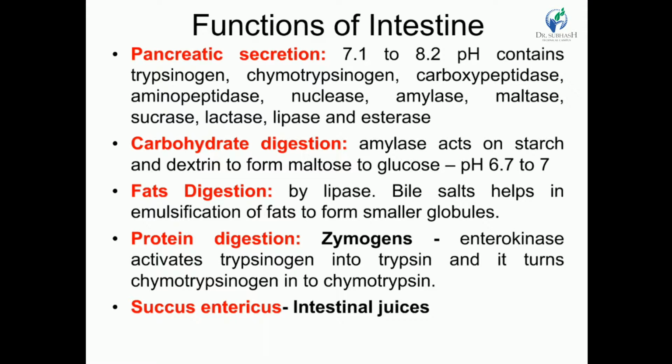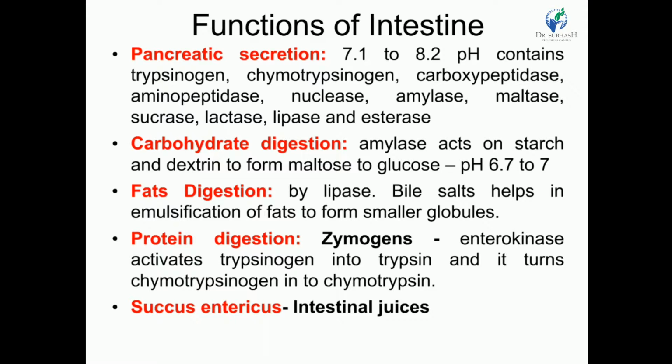These enzymes act on the proteins, and the breakdown takes place in such a way that proteins are converted into primary proteoses, then secondary proteoses, peptones, polypeptides, then lower polypeptides, and at last we have amino acids.